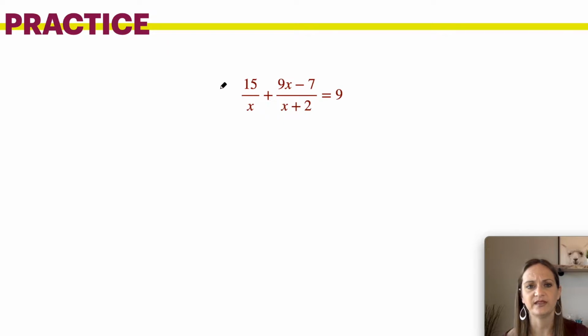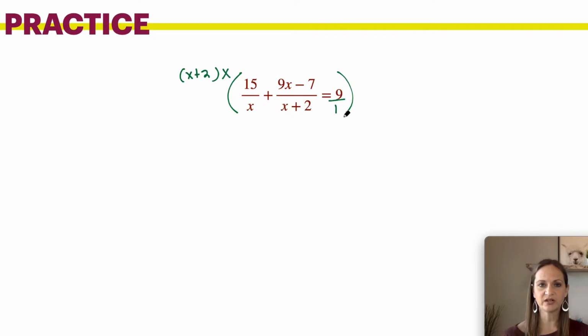So for example, in this case, I have an x, so I know I'm going to have to multiply by x. I also have an x plus 2, so I'm going to have to multiply by an x plus 2. There is no denominator here, and so I do not have to worry about that. So now let's look. The first way I can do it is I can go ahead in my head and see what cancels.